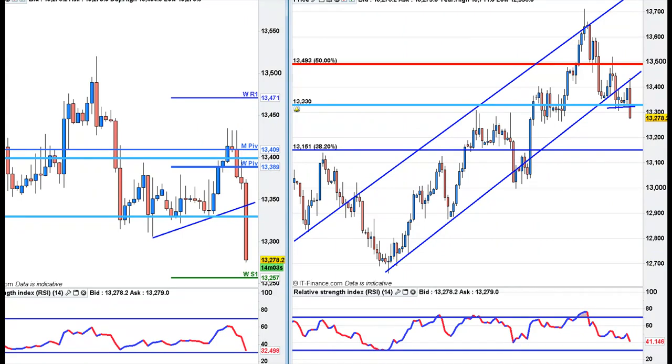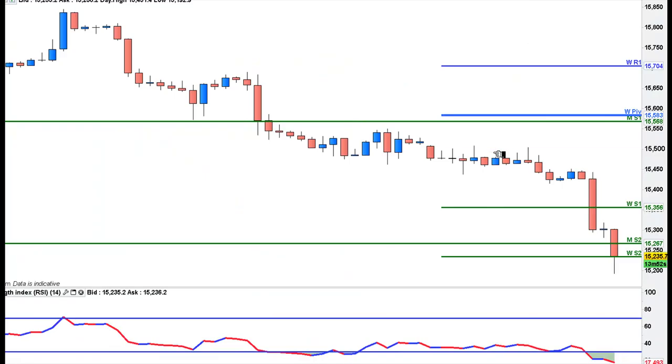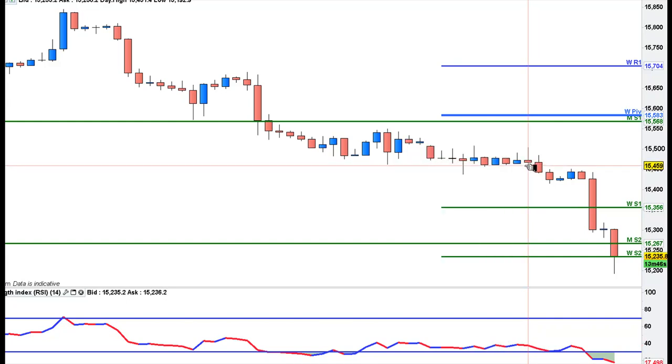Okay, let's do that with the pound. I didn't short, I concentrated on the euro today. There were some reversal bars up here yesterday which I didn't take.